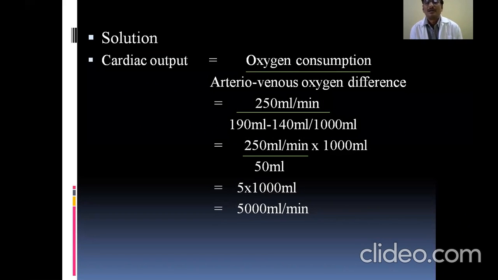When the arteriovenous oxygen difference is about 50 ml per liter, to take 250 ml of oxygen your blood flow should be at least 5 liters, then only the arteriovenous oxygen difference will be 50 ml per liter. I hope you understood. Again, the same formula is applied. We'll see a few more problems of the same nature.